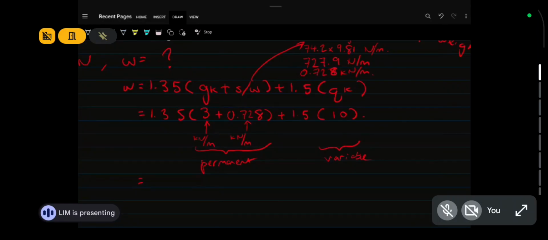Calculate for me. What is the total? 3 plus 0.728 is 3.728, times 1.35. So the first one is 5.03.